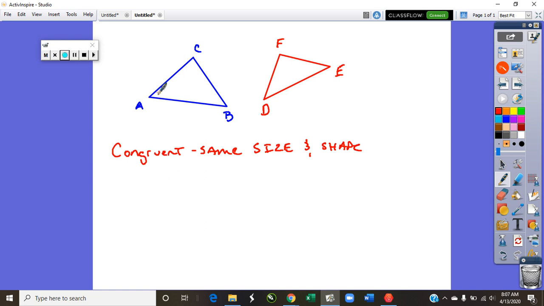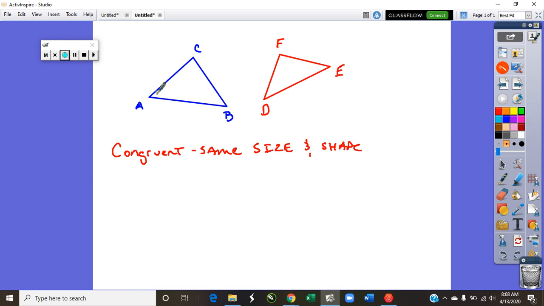This is angle A, we're going to call this the first angle. Over here, this thing is kind of turned around backwards. I'm going to do it in a different way so you can see it a little easier.